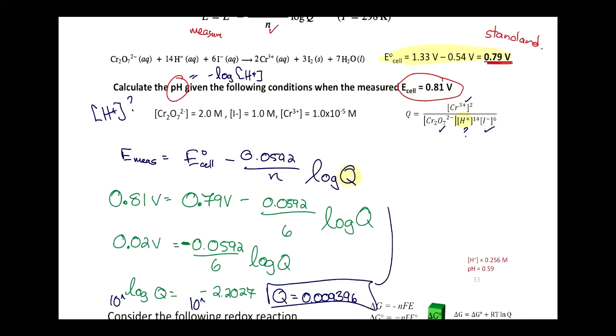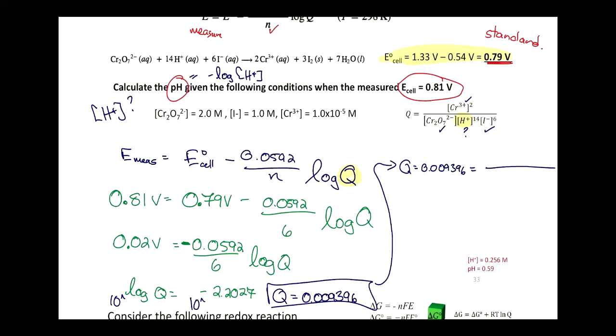So we're now going to shove all those concentrations into that Q expression. So Q is equal to 0.009396. And this is equal to the chromium concentration over all of that reactant concentration, but we're going to solve for that H plus concentration. So let's go ahead and place all those concentrations that are given.